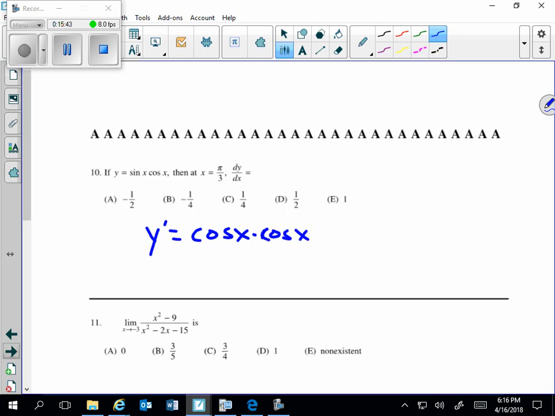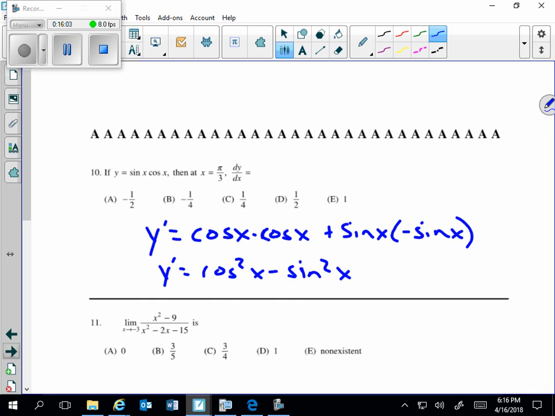So derivative of the first and the second, plus the first times the derivative of the second. Derivative of cosine is negative sine. And we have y prime equals cosine squared x minus sine squared x. Correct? So plug in our pi over 3.